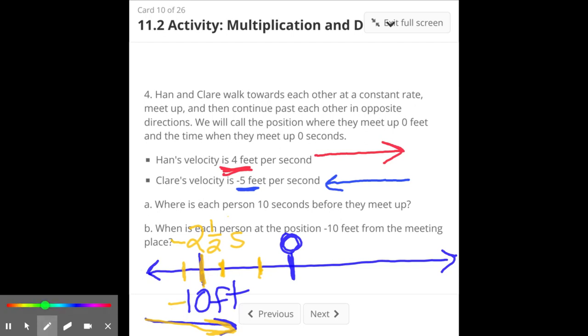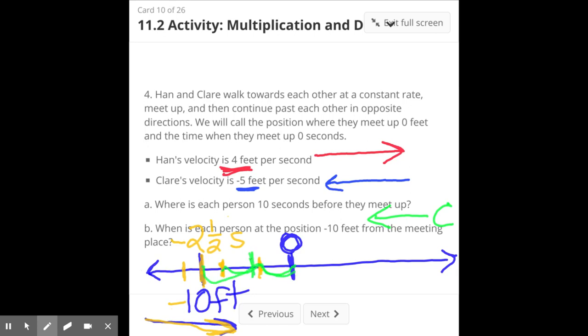Now, Claire will have already passed the meetup point. So Claire, again, is moving in this direction. She passes the meetup point, and then she continues on. To get to the 10 feet, she goes at 5 feet per second. So she's got 5, 10.